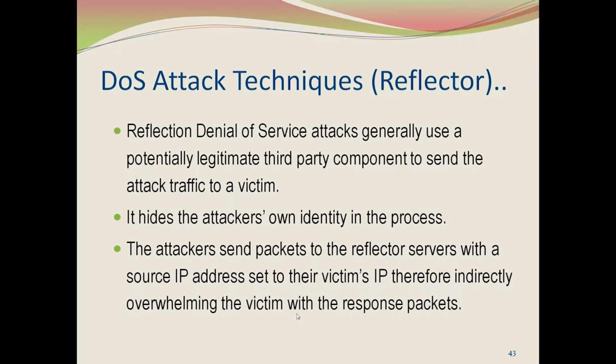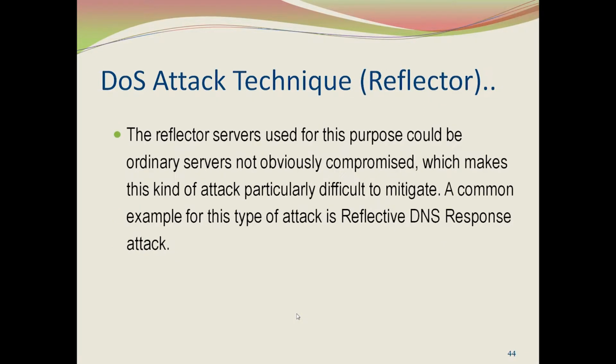Okay. That will become the problem. The reflector servers used for this purpose could be ordinary servers, not obviously compromised, which makes this kind of attack particularly difficult to mitigate. So, it can be your organization server also.